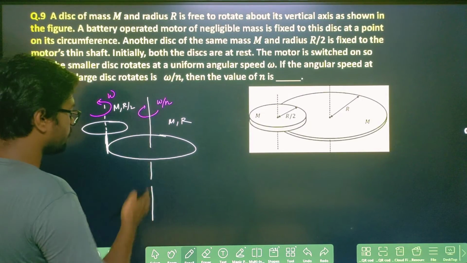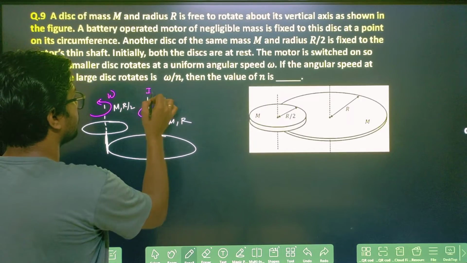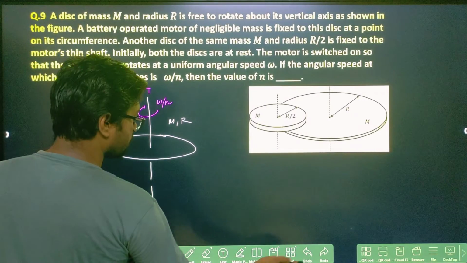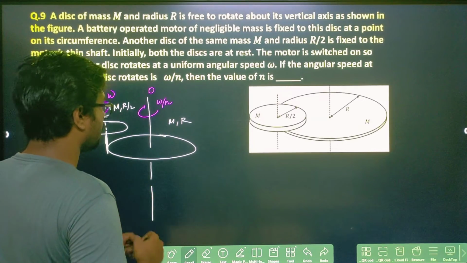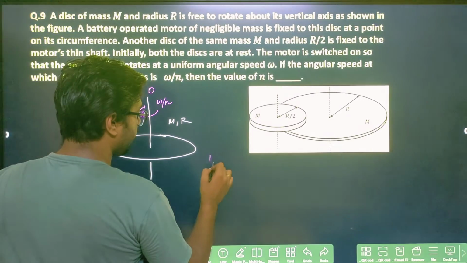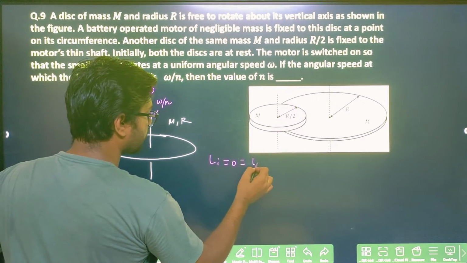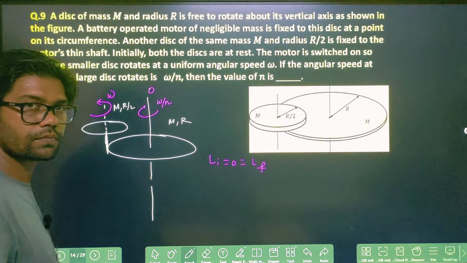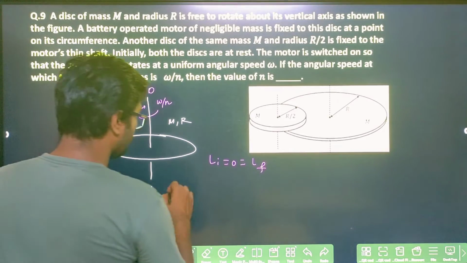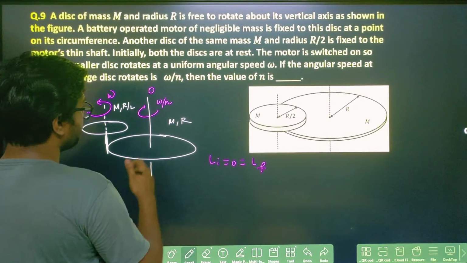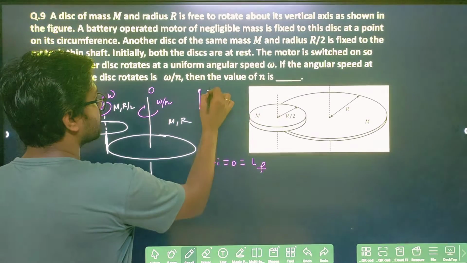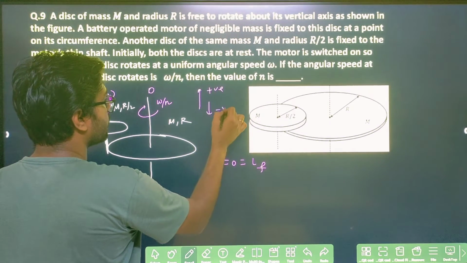About this axis, or this O axis, you can find out the angular momentum conservation. So basically L initial will be how much? 0. So L final has to be 0. Clear? So you have to write down the L final now. I am taking along this direction as positive and downward as negative, right?